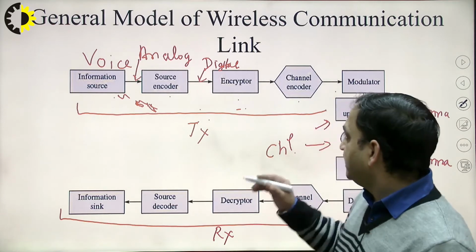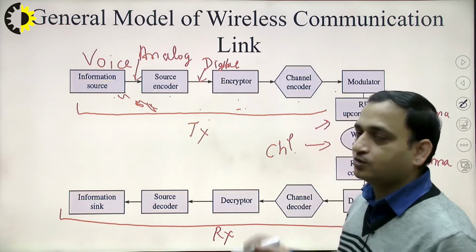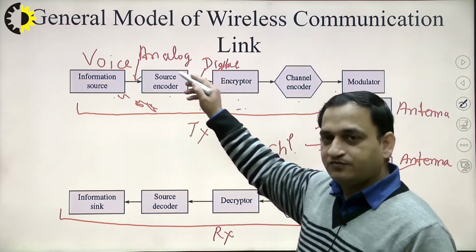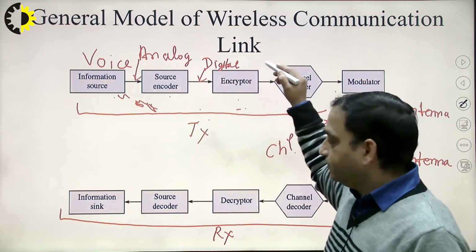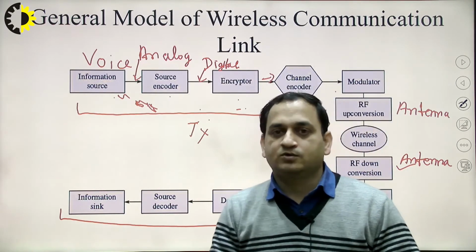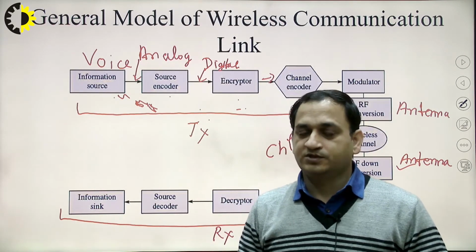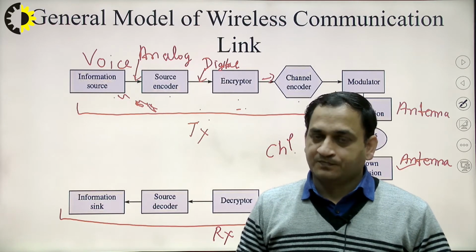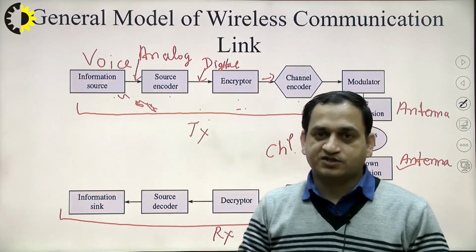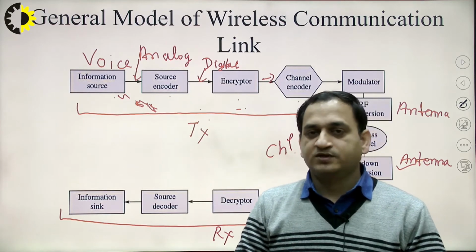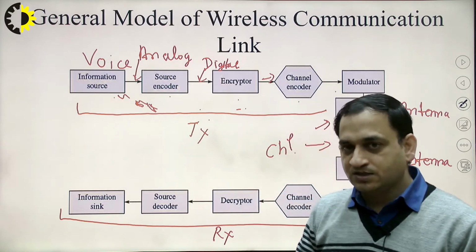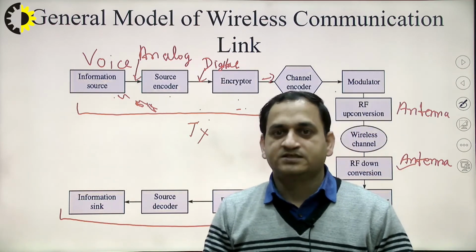Then we have another block, the channel encoder. Whatever information we have converted from analog to digital will reach the channel encoder. This is used to improve noise immunity, reducing the effect of the noise coming from the previous sections. For that we have different algorithms for channel encoders, like block code and cyclic code.